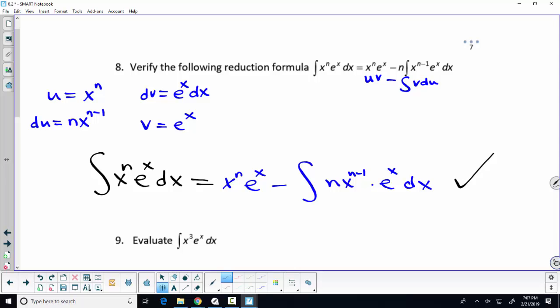Depending on the power of n would determine how many more times we have to compute this integral. This integral, x to the n minus 1 e to the x, is still x to a power times e to the x, so the reduction formula is used again. Depending on how high the power, maybe it's used 3, 4, 5, 6 times.